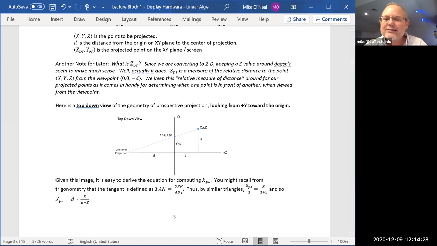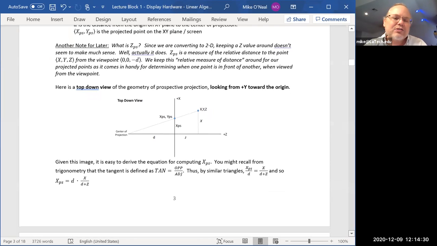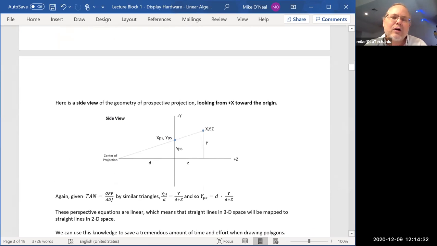So that gave us the X. You compute the Y perspective projection exactly the same way. Using this side view here, you can see that Y perspective projection over D has to be the same thing as the original Y over D plus Z. They're both the tangent of this angle, the opposite over the adjacent. Does that make sense?